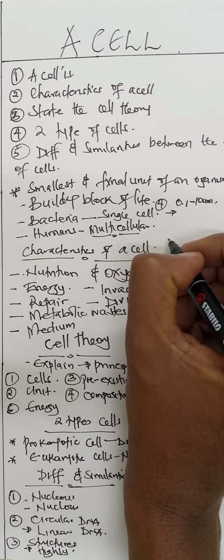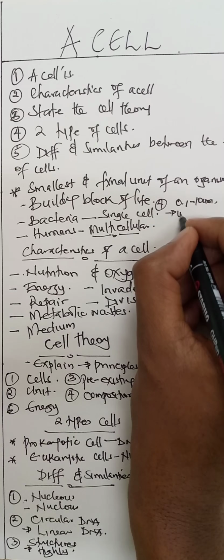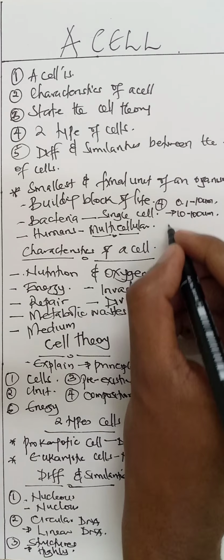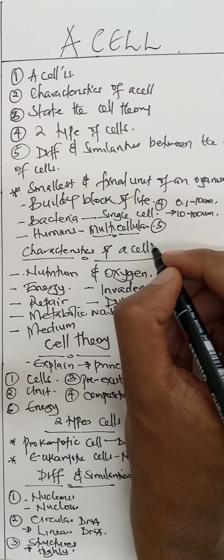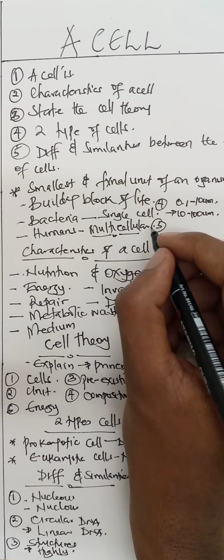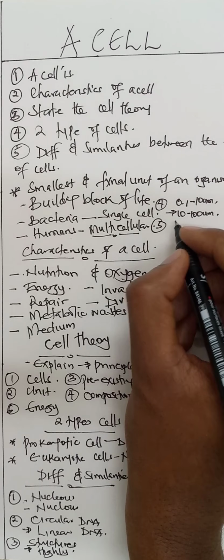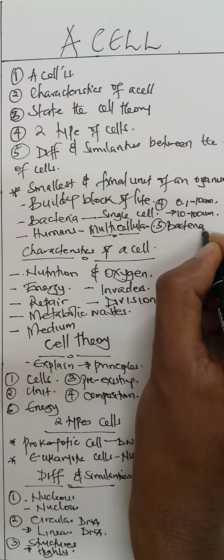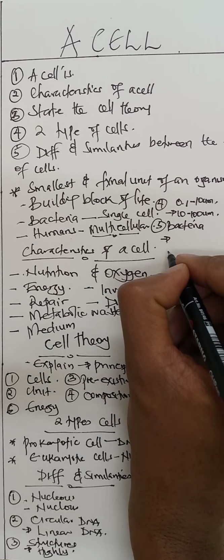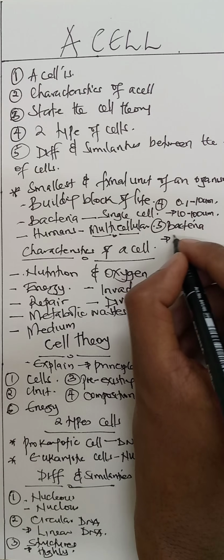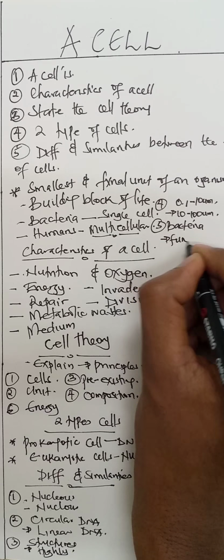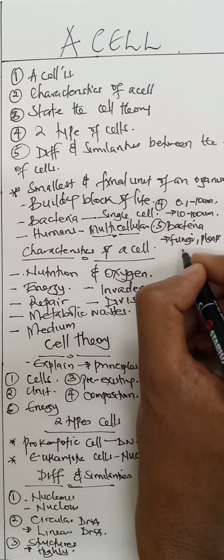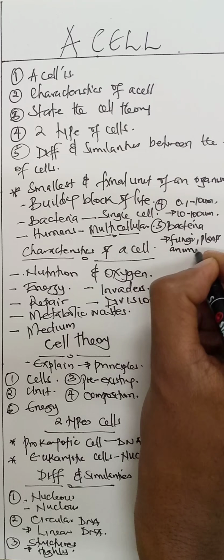However, their counterparts are about 10 to 100 micrometers. Number 5, example of prokaryotes, we have bacteria, and example of eukaryotes, we have fungi, you have plants, you have animals.